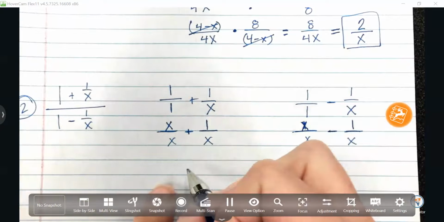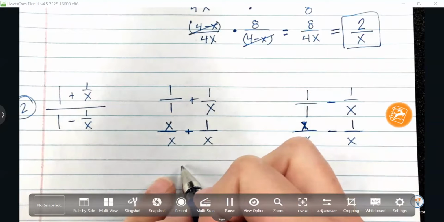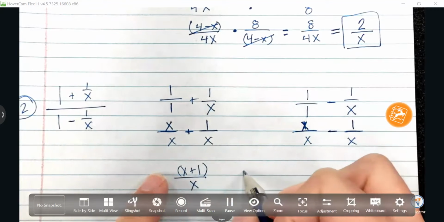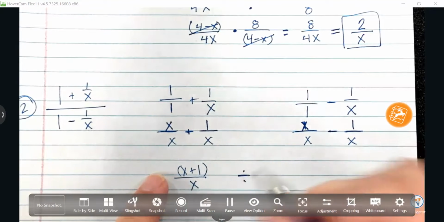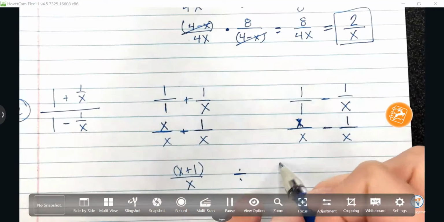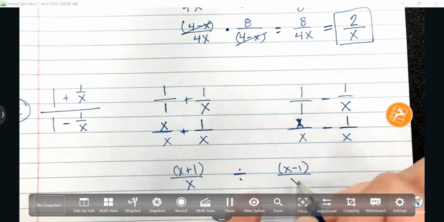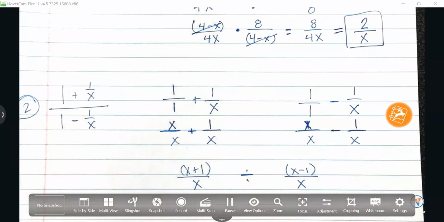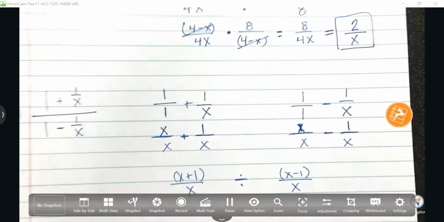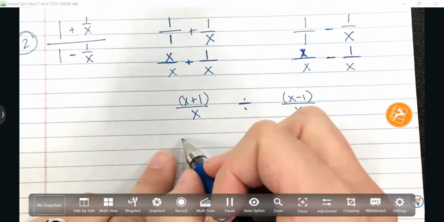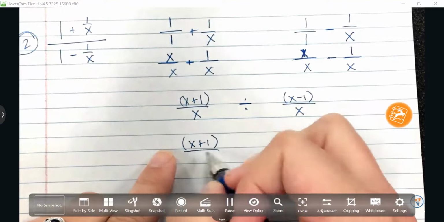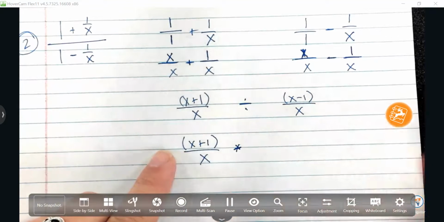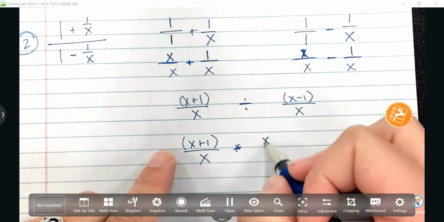So when I simplify, I have x plus 1 over x divided, because that's my big fraction, by x minus 1 over x. And then I can keep, change to multiplication, and flip.